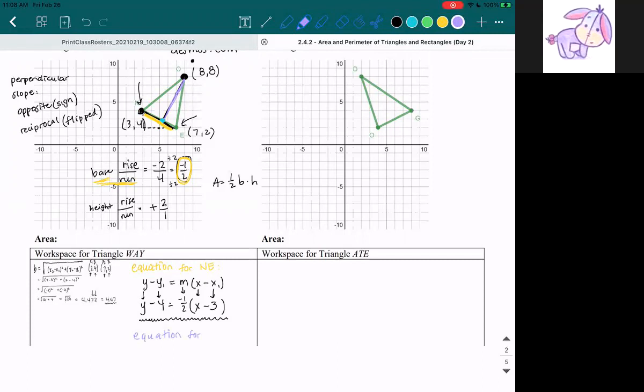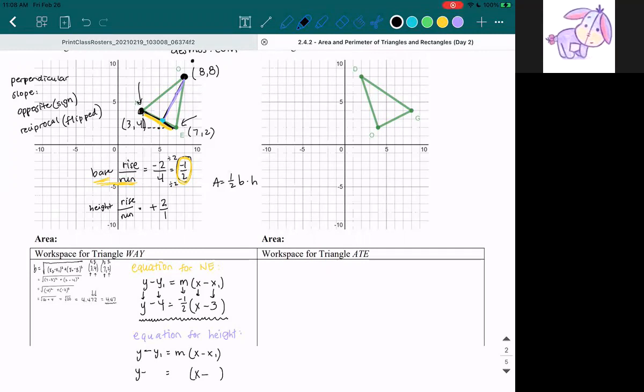Remember, our purple line's the height, so I'm just going to call it the height. Okay, so once again, we're going to use point slope form. And then we're going to have y minus something is equal to the slope, parentheses, x minus something.